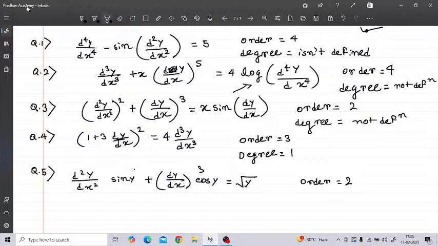If the trigonometric functions are with independent variables, that will be considered as a radical, but as this equation involves trigonometric functions of dependent variables, we do not consider them as a problem. So here the order is 2 and degree is 1. So our product of the order and degree will be 2. That's the answer.